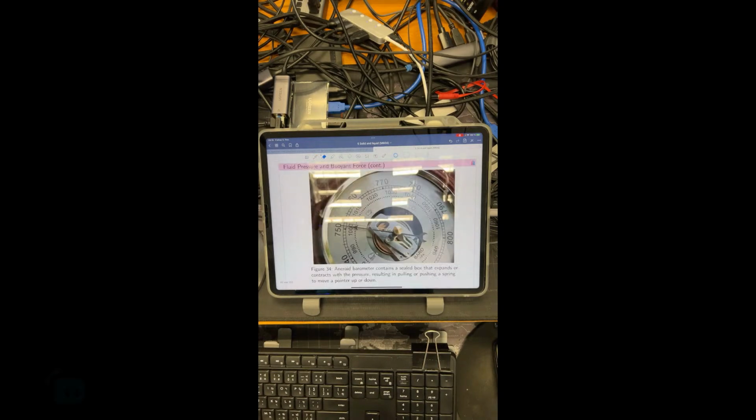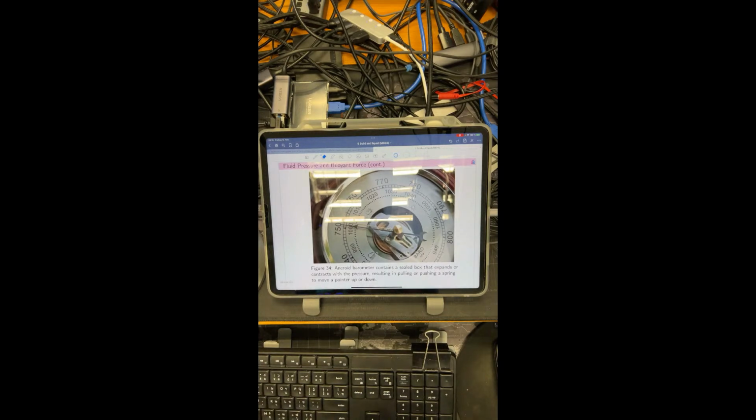If we take a look at the barometer, this type is called an aneroid barometer. This figure is taken from a website on the internet. I forgot to mention the source of this figure. It contains a sealed box that expands or contracts, or shrinks, with the pressure, pulling or pushing a spring to move the pointer or the needle up and down.